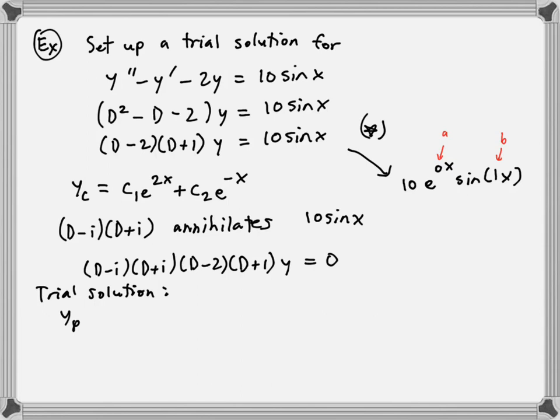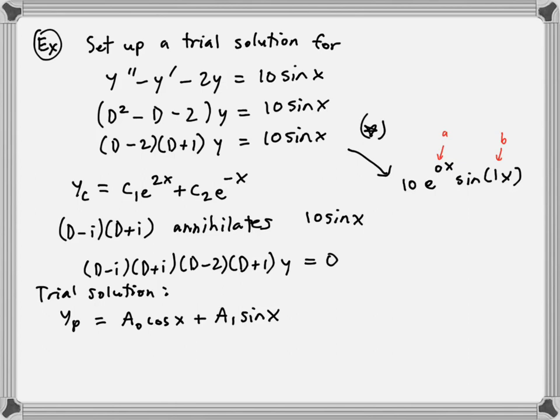So yp is just going to be, remember I have a plus or minus i, so we know that that's going to be a naught cosine x plus a1 sine x.